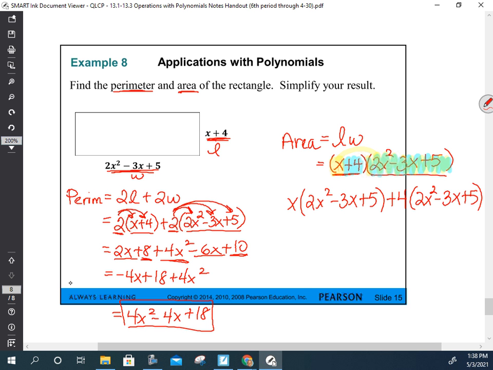So first you set it up, and then you can start multiplying out.